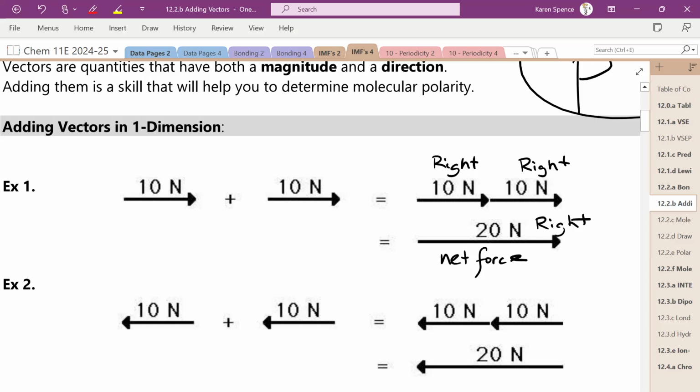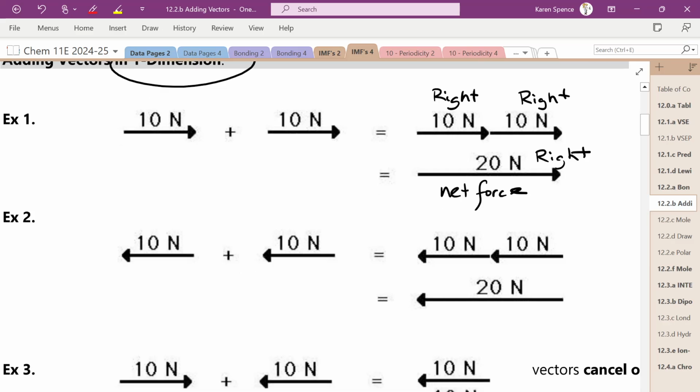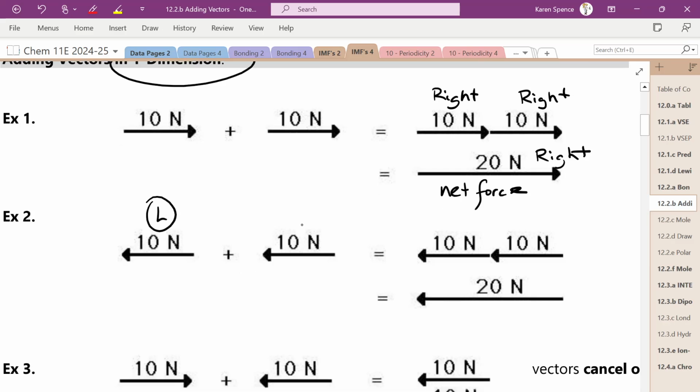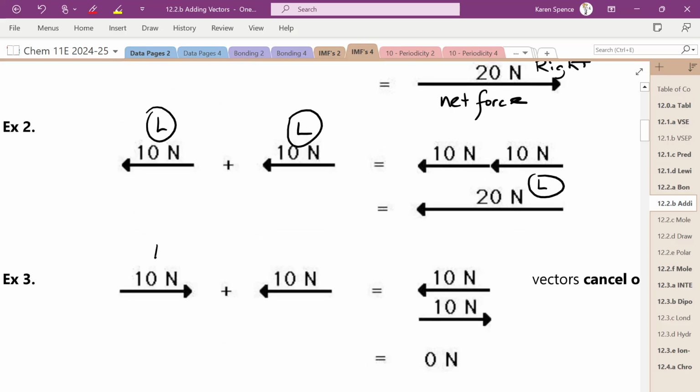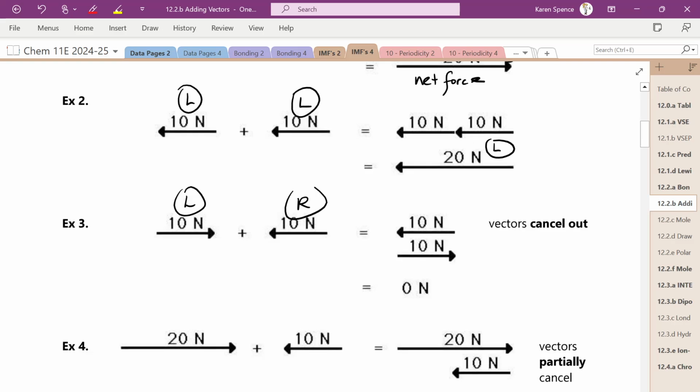Yes? Okay, so this is in one dimension. We could have things going to the left, so 10 newtons to the left and 10 newtons to the left gives us 20 newtons to the left. What if we have 10 newtons to the left and 10 newtons to the right? What do we get? We get 0 because they cancel out, right? The vectors cancel.